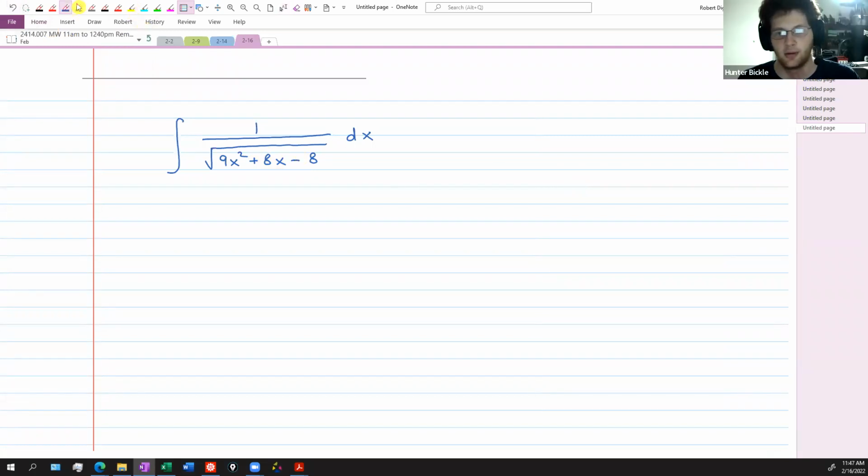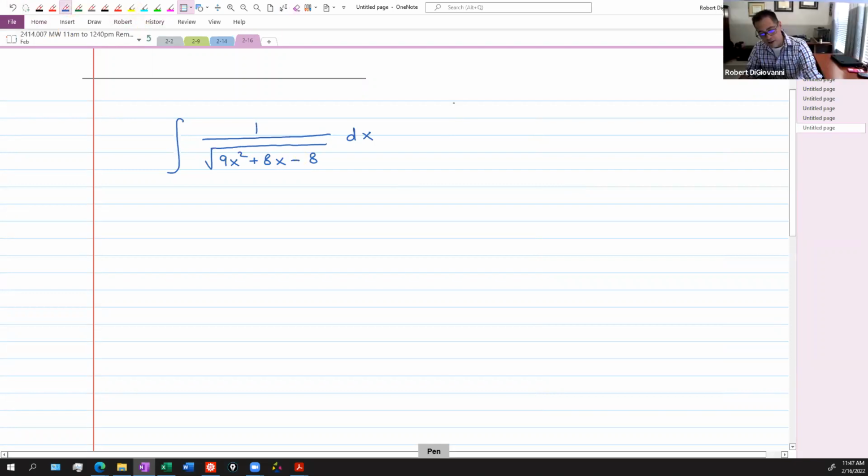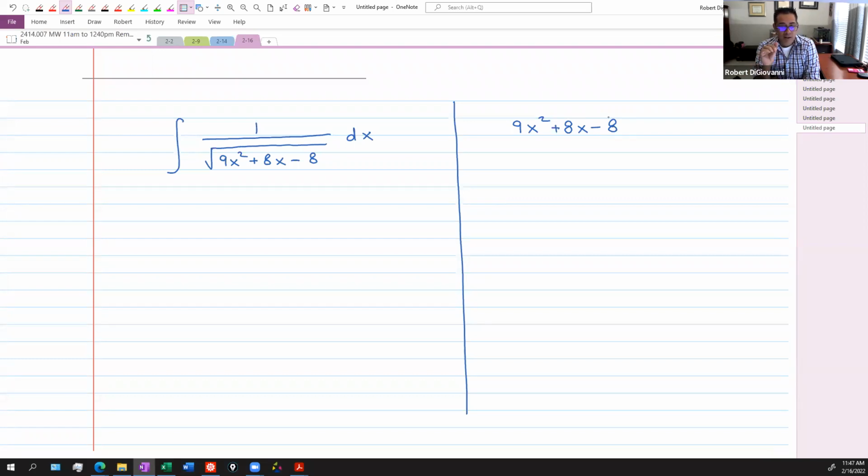Haven't heard that in a long time. So I want us to do this on the side. I want us to take 9x squared plus 8x minus 8, and I want us to complete the square. Now, pay attention, because I know a lot of you have learned how to complete the square before.